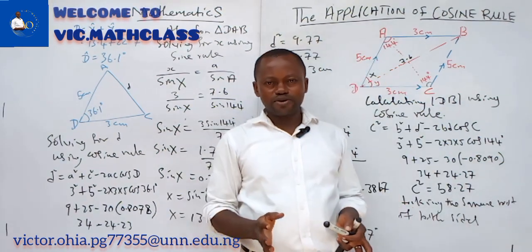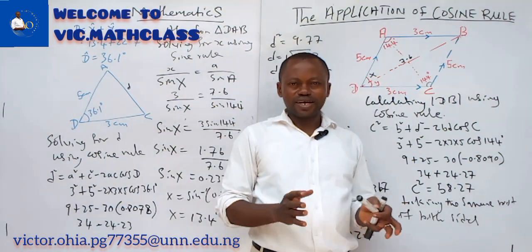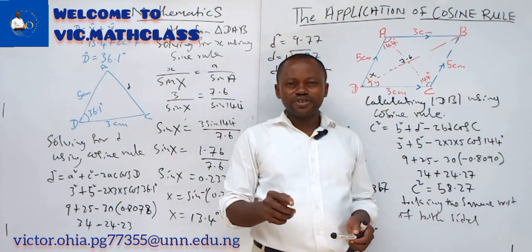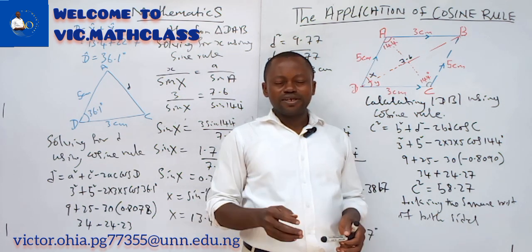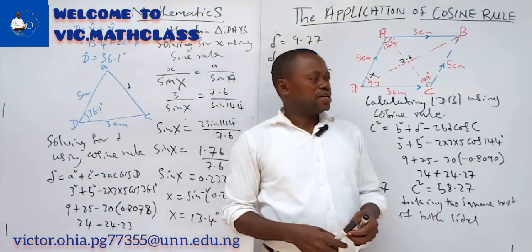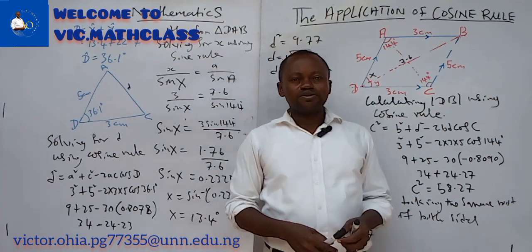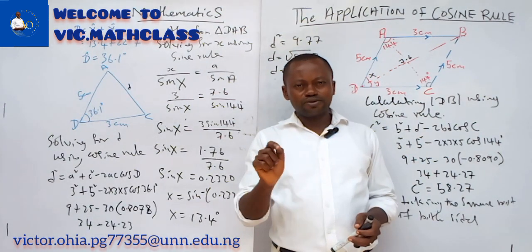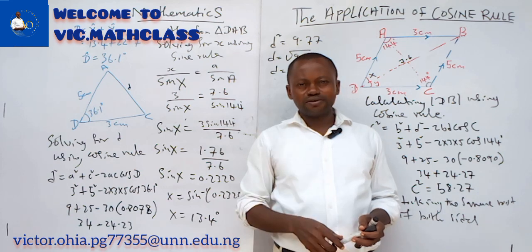We are given a parallelogram and we are asked to calculate the lengths of the diagonals, given the angle in between the sides, and the sides are also given to us. That's the question, and what we are doing is the application of sine rule and cosine rule in solving problems of triangles.